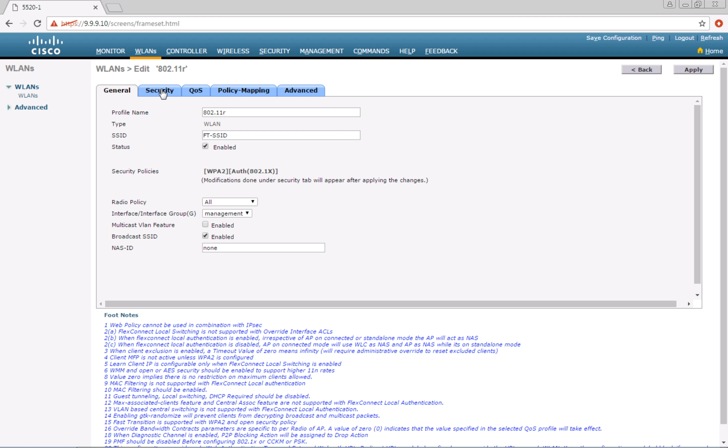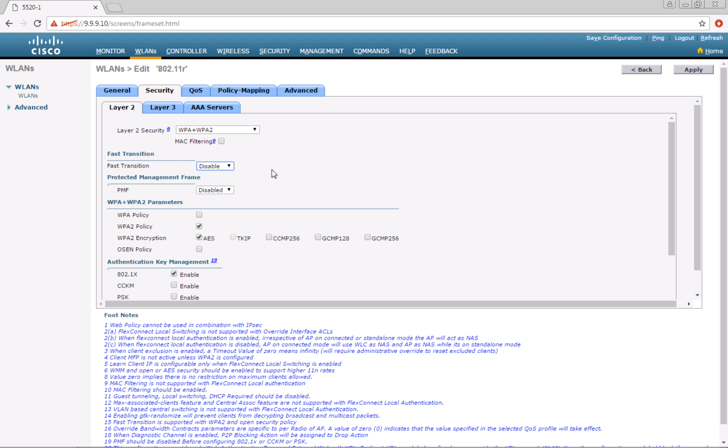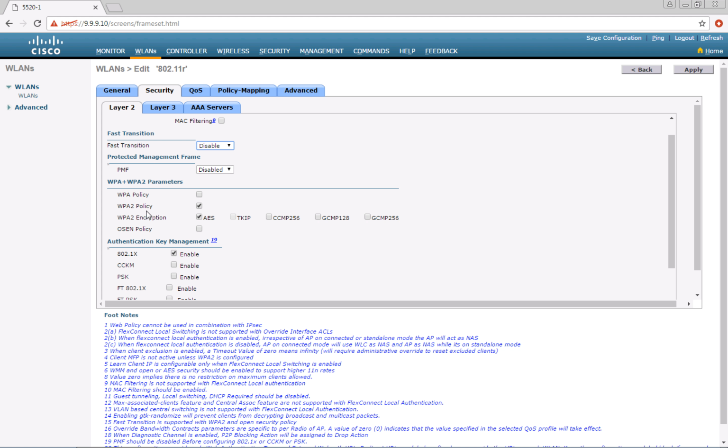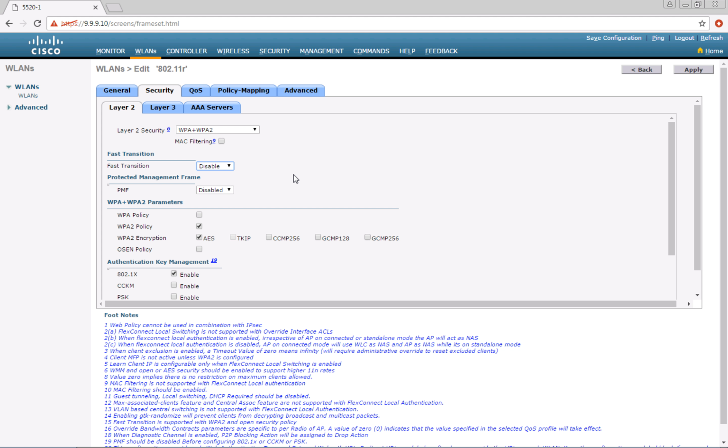So in my pure mode, let's say I'm saying I don't want any FT, right? Just disable it. Doesn't matter. I'm going to do WPA2 policy, encryption AES, perform .1x authentication, and that's about it. So at this point of time, my network does not support FT at all, right?